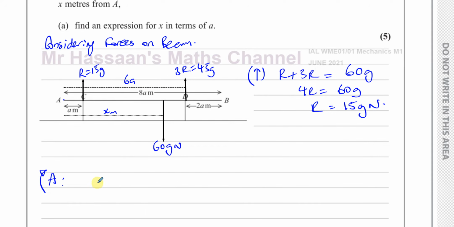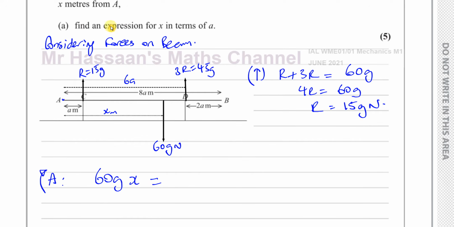If we take moments about A, the clockwise moments and the anti-clockwise moments are equal because it's at rest, horizontal, in equilibrium. So 60G times x, that's the clockwise moment, is equal to the anti-clockwise moments. With A as the pivot, these forces would cause that type of rotation about A. So that's 15G times a.